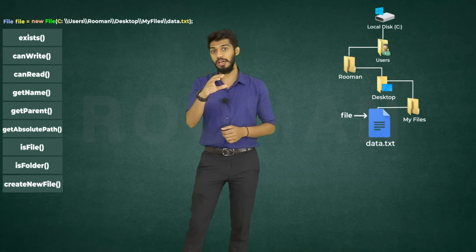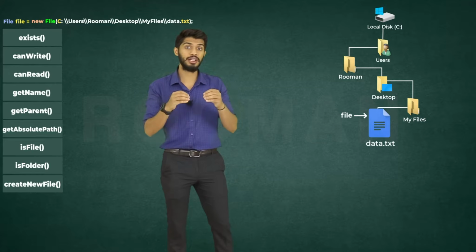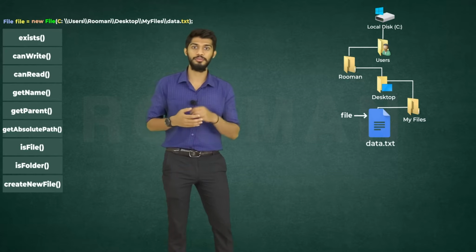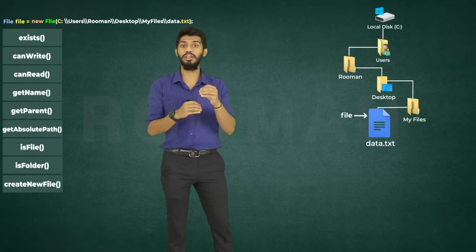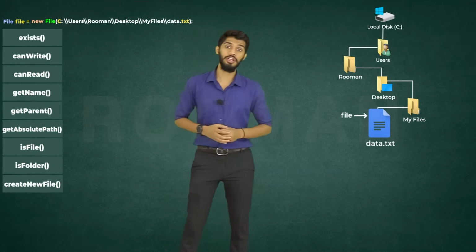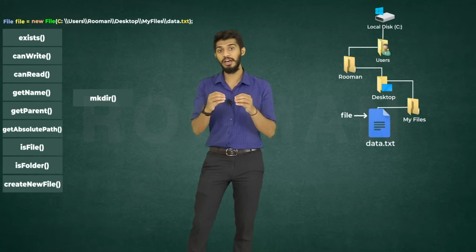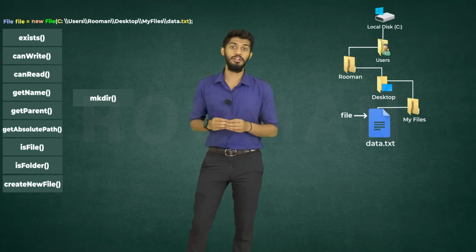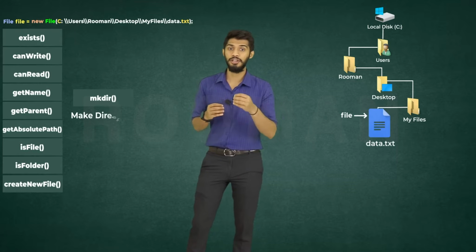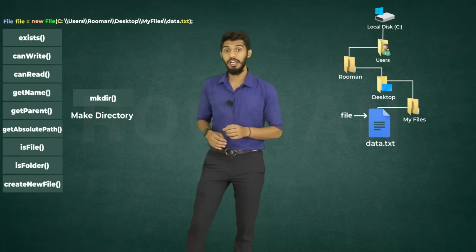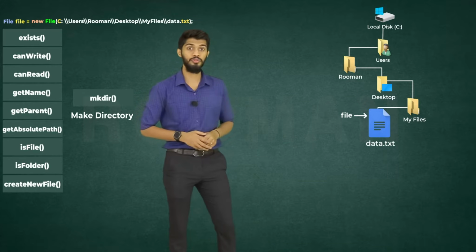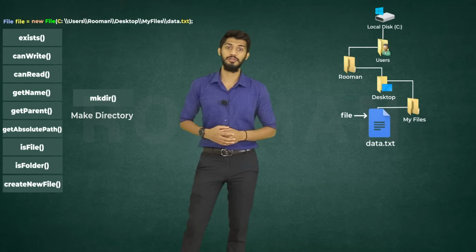For example, let's assume that we want to create a directory or a folder. If I have to create a directory or folder, there is a method for that, and the name of the method is mkdir. Mkdir, in full form, what does it mean? It is make directory. If you call that method, it will create a folder for you with the name that you have specified in the path.